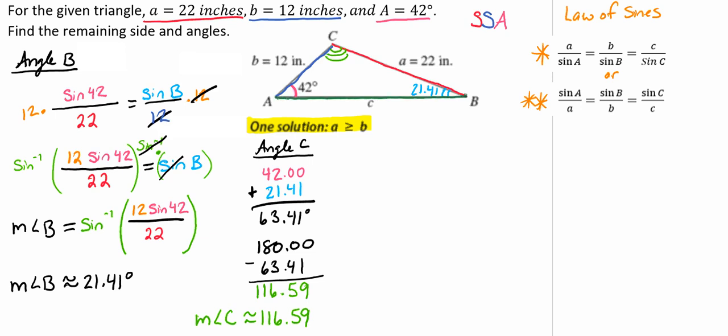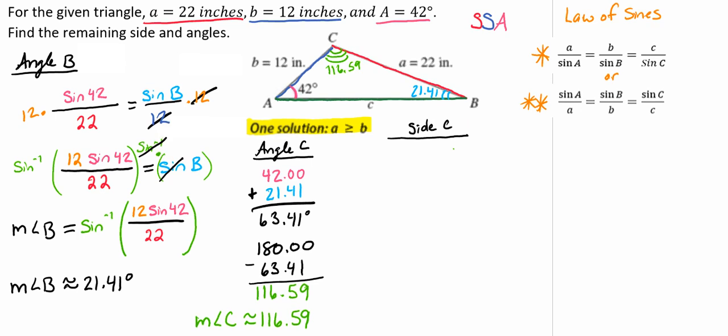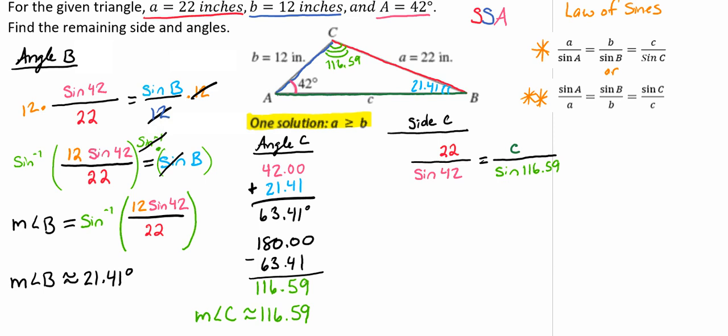All right, so we're still going to use our law of sines, and we still want to use our side A and our angle A to help set this up. This time though, since we're looking for a side and not an angle, we want to go back to our original law of sines and not the reciprocal. Okay, so let's set that up. We have 22 divided by the sine of 42 equals C over the sine of 116.59.